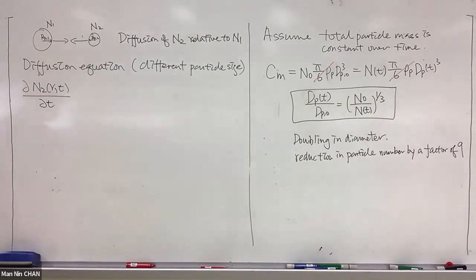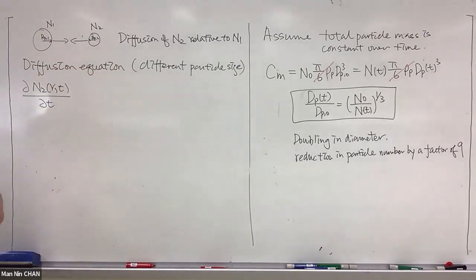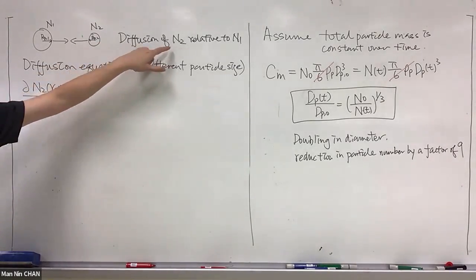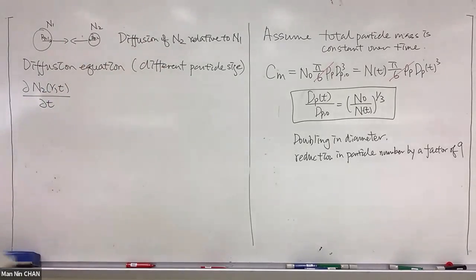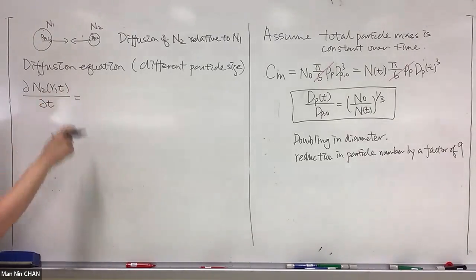So again, this diffusion equation we use to describe the diffusion of your N2, relative to your N1 particle here. The diffusion equation looks at the concentration of your N2 around your N1, just like we discussed before, at different radius and at different time.